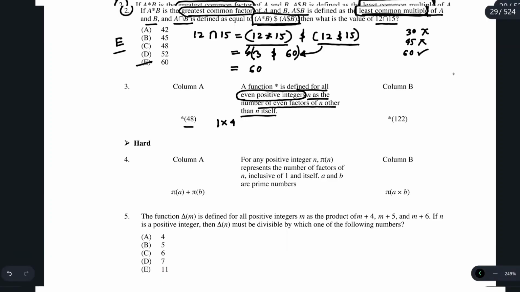We can write it down as 1 multiplied by 48, 2 multiplied by 24, 3 multiplied by 16, 4 multiplied by 12, and 6 multiplied by 8. Then we could use 8 multiplied by 6, but we have already considered this one. Now we have to figure out how many of these factors are even positive integers.